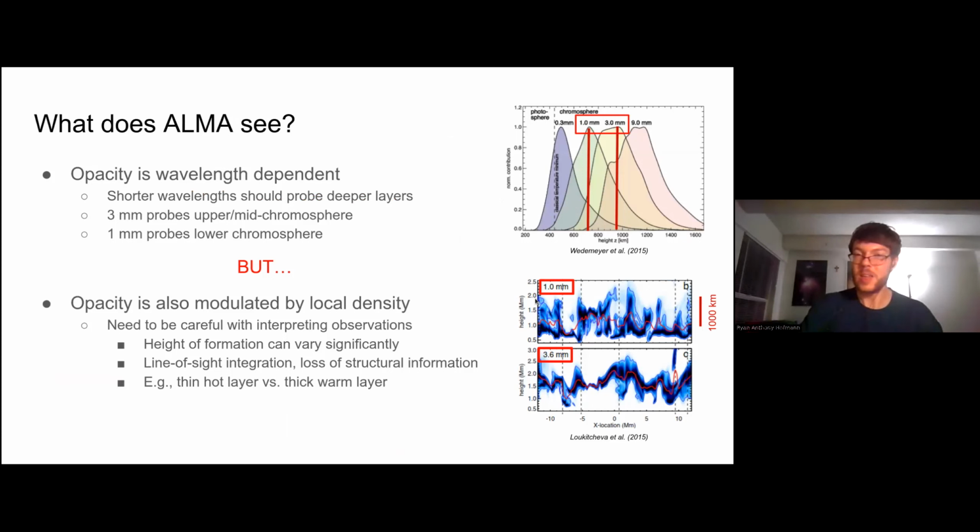So depending on the variations in temperature, in density, in ionization state, that will affect what layers are actually contributing to that radiation, because the opacity of the millimeter continuum in the solar atmosphere is mostly determined by the number density of free electrons along your line of sight.